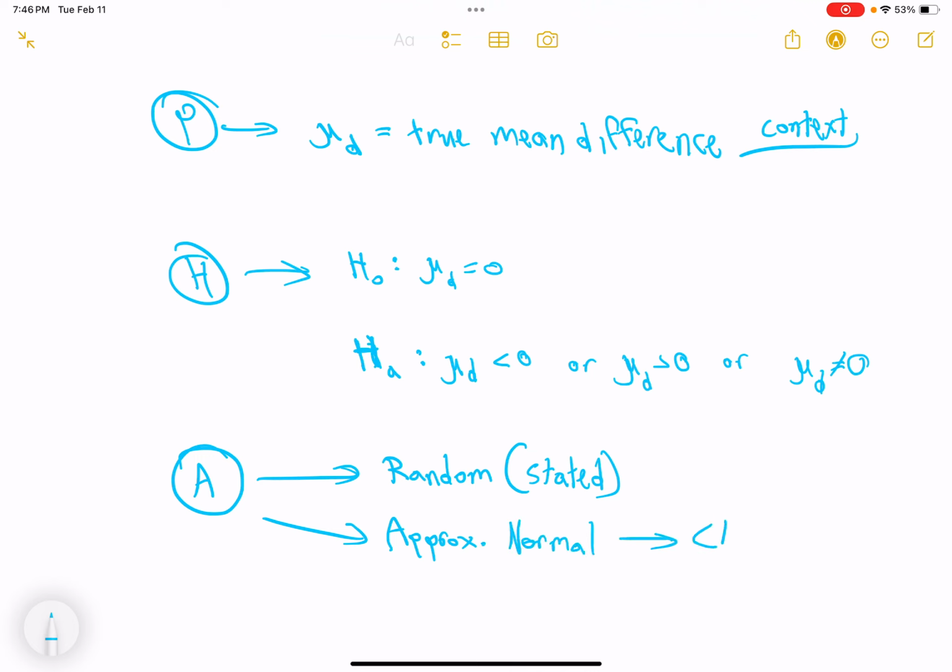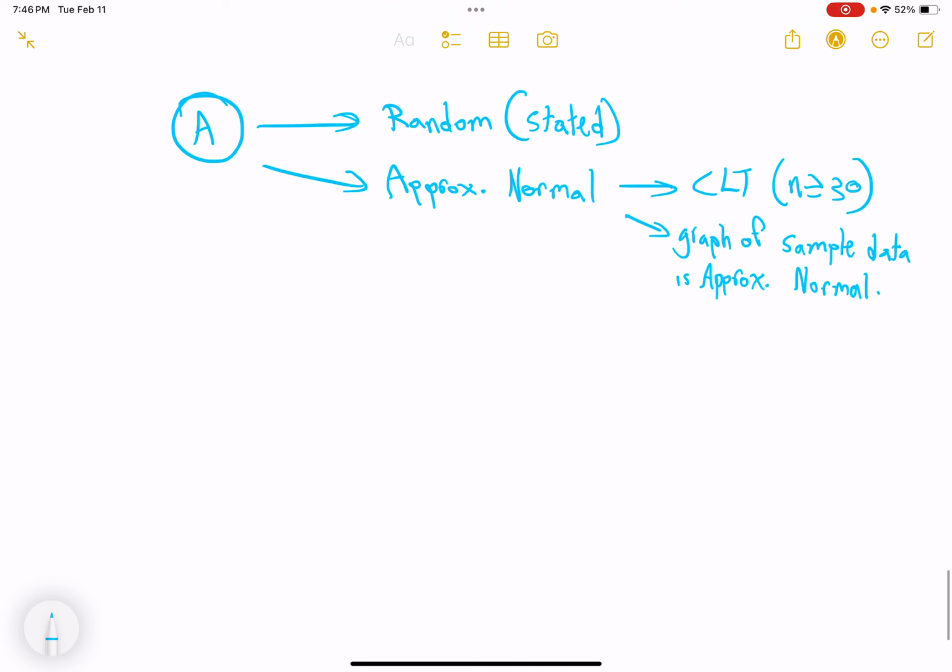We need either the central limit theorem, so n is greater than or equal to 30, right? Or, right, the graph of sample data is approximately normal. So not perfectly normal, but I can't have a skew, and I can't have any outliers.